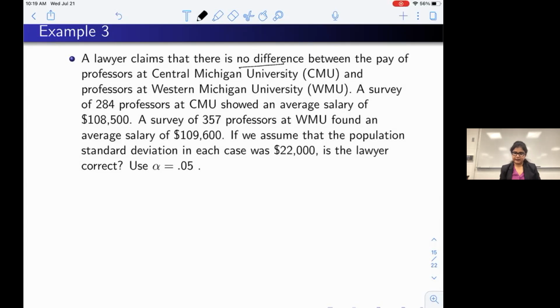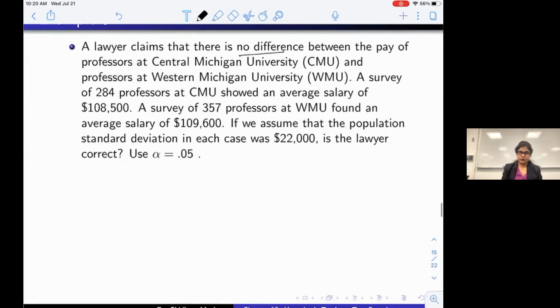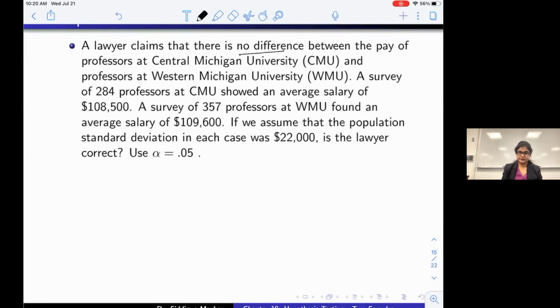So they conduct the survey. A survey of 284 professors at Central Michigan University showed an average salary of $108,500.